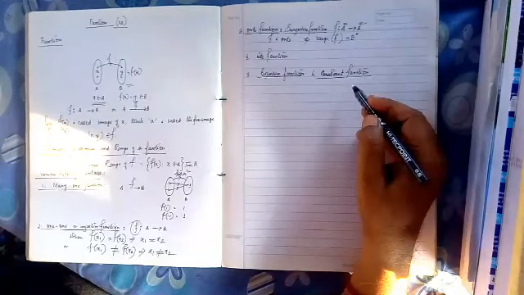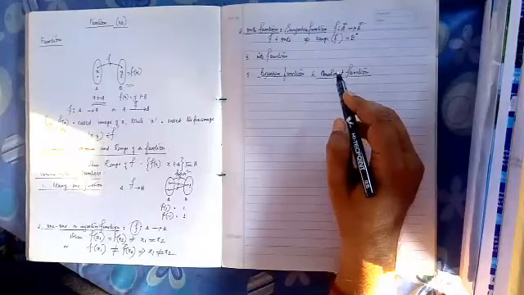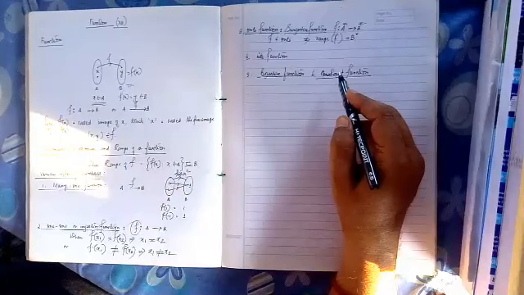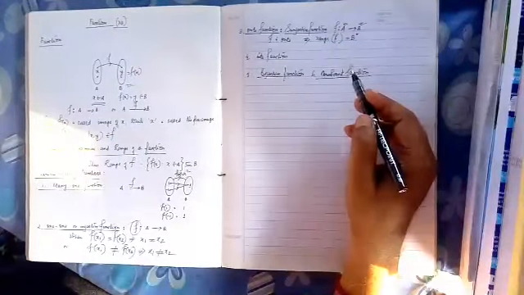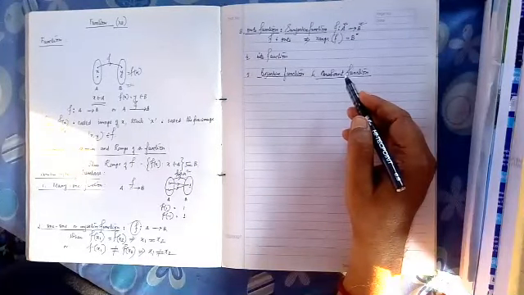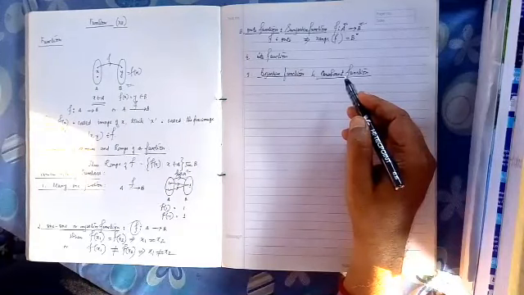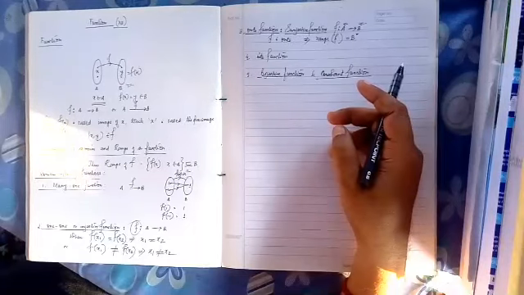A function f from A to B is called a constant function if every element of A has the same image in B. For a constant function, the range is a singleton set because it consists of only one element.